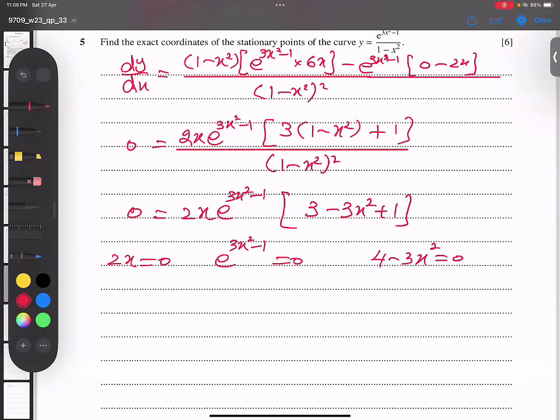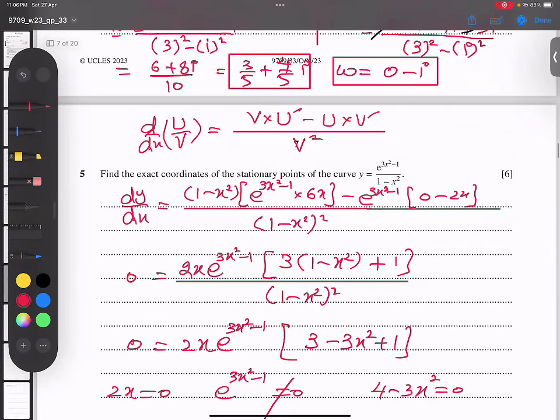Okay, this never 0 because when we want to bring power down, you take a logarithm of both sides. When I take log of left side, no issue, but log of right side, log of 0 will give you undefined. And that is why this is not possible. It's gone. But here I got x is equal to 0, and he was asking coordinate of the stationary points.